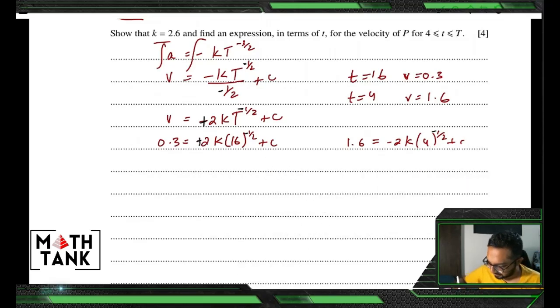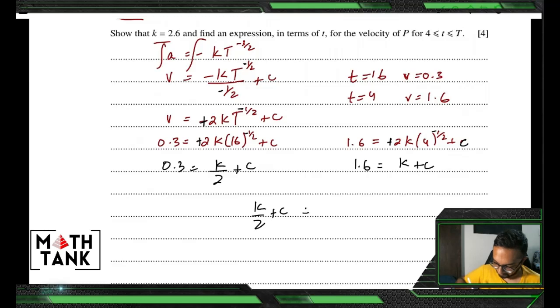Since there's a negative half involved, 0.3 gives me 2 over 4, I think. So that's k over 2 plus c. And 1.6 equals, it's also plus, I think that should be k plus c. So k over 2 plus c equals 0.3. K plus c should equal 1.6.